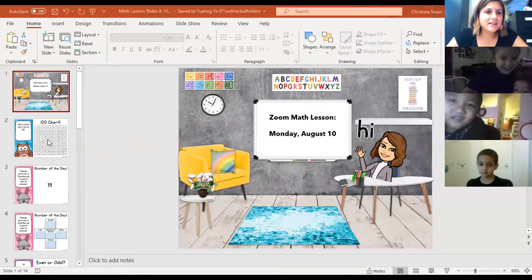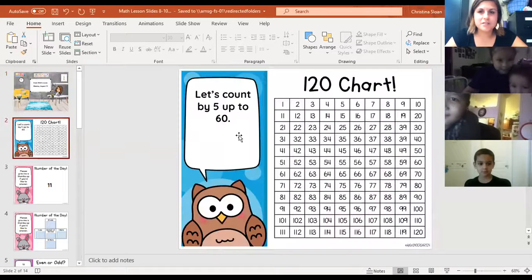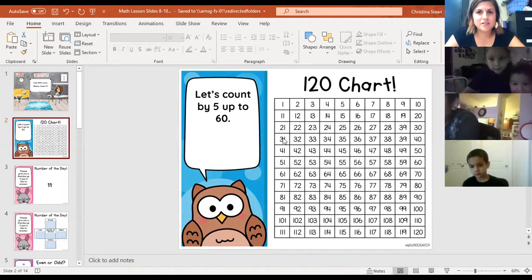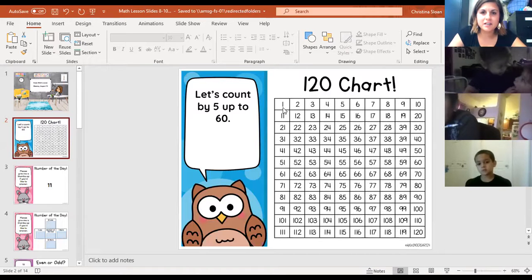So the first thing that we're going to do is look at this chart. So this chart goes all the way from 1 up to 120. So we start here when we're counting on the chart. We start over on the left side right here, and we go up.